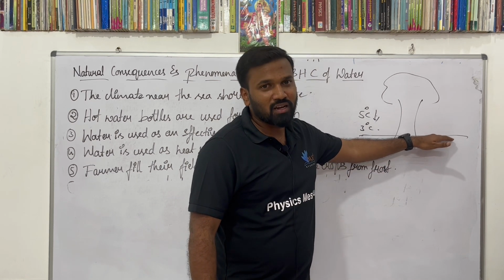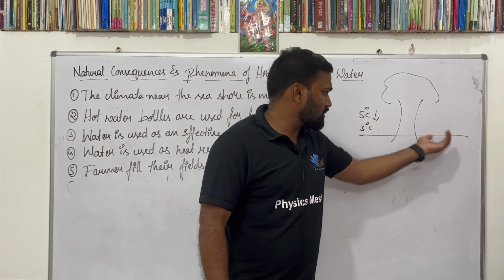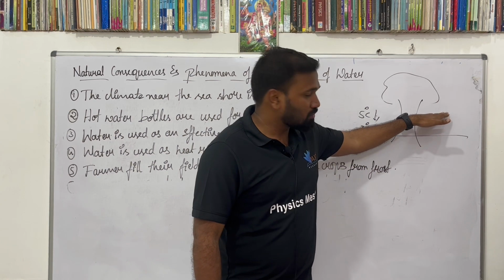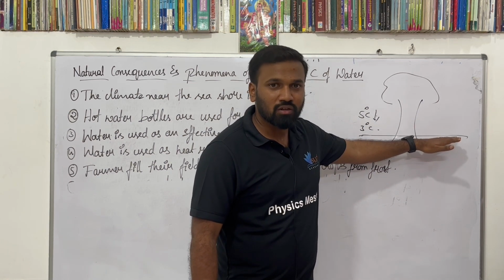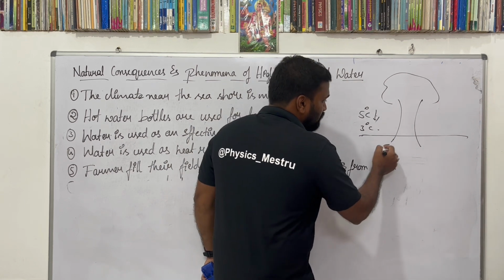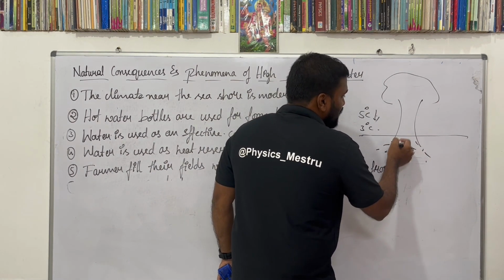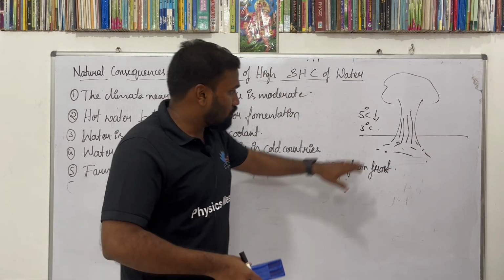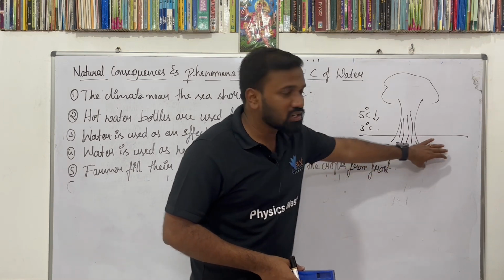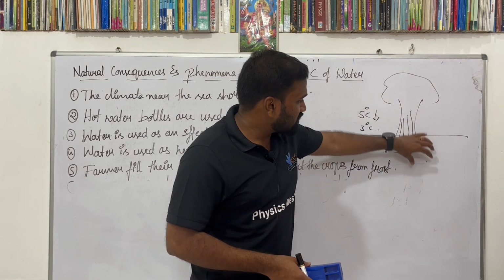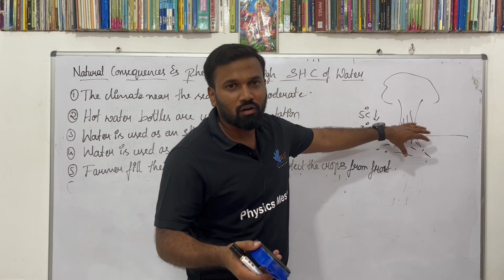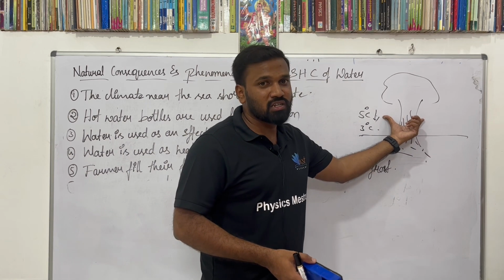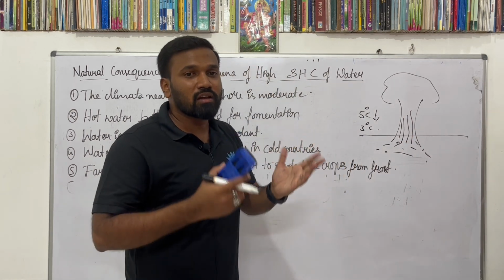Because the specific heat capacity of the materials present on the earth, for example sand or mud, is very low. Here the roots will be there, connected to the veins which transfer the water, but the temperature of the water is very low. When the roots and veins, for example xylem and phloem, absorb this water, since the temperature is very low, there is a chance that the water will get converted into ice.